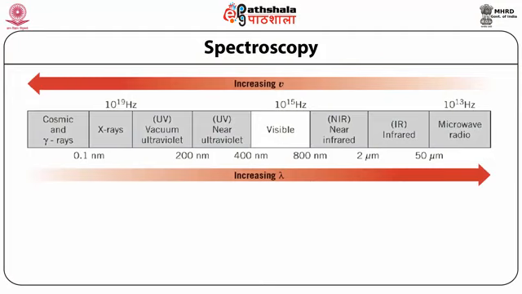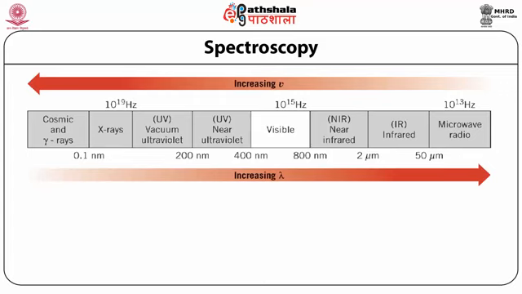Let's now briefly discuss spectroscopy. Spectroscopy is a very important part of natural product analysis. This figure shows the parts of the electromagnetic spectrum. It starts from gamma rays and ends around radio frequencies or microwaves.